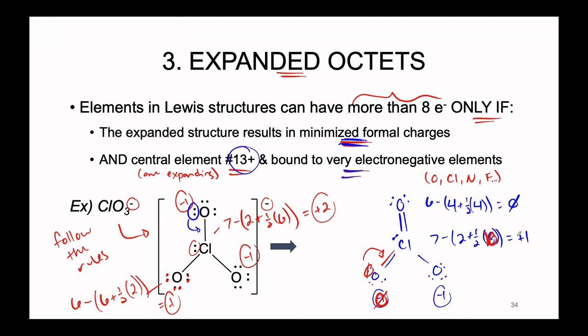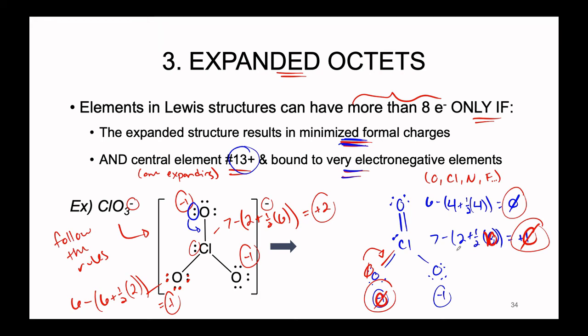And when we crunch the numbers, we're taking 7 minus 2 plus 5, which is equal to 0. And in illustrating our structure this way, in expanding chlorine's octet, we have now minimized 3 different elements' formal charges. This last oxygen present is going to have to remain with a -1 charge.